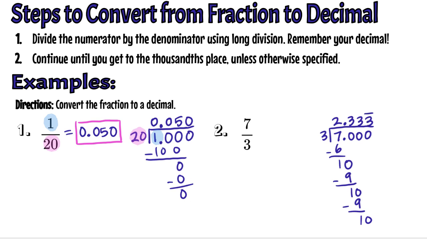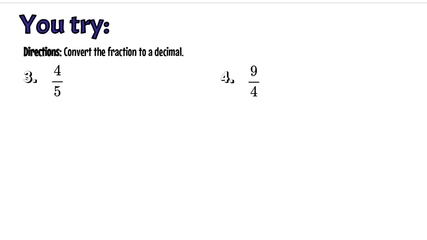And you may see this sometimes when you know that it's a repeating decimal. You can put a line over the last decimal place that you write. But we will just round to the nearest decimal. So we are going to say that 7/3 is equal to, or approximately, 2.333.